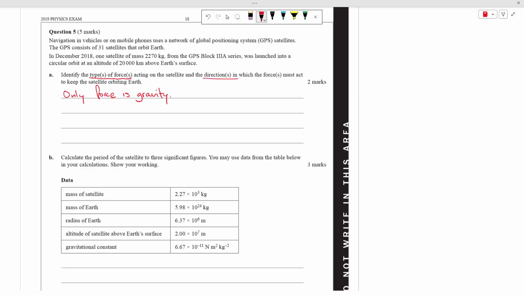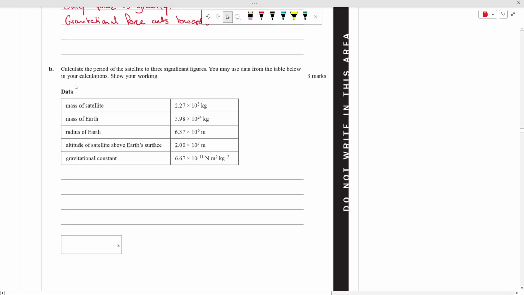Only force is gravity. Gravitational force acts towards Earth's center. That's all you got to say. There's 2 marks, one for the type of force, one for the direction.